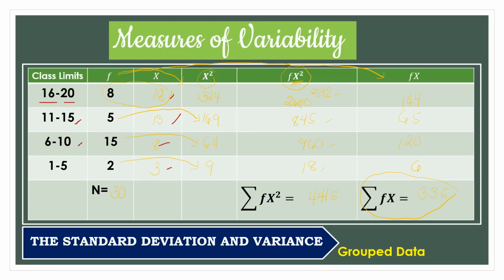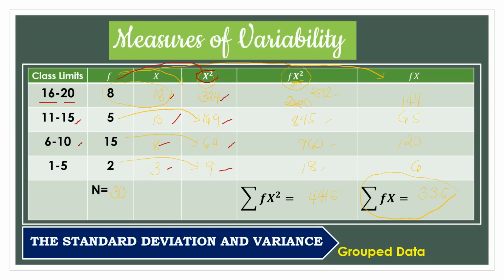We square each of those to complete the fourth column. So 18 squared is equal to 324, 13 squared is equal to 169, 8 squared is equal to 64, 3 squared is equal to 9. Then we multiply the frequency and the value of x squared.